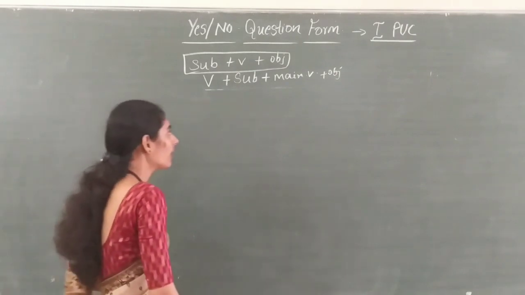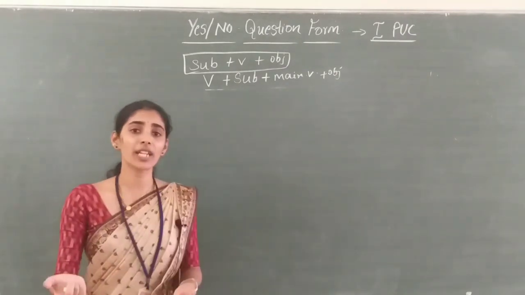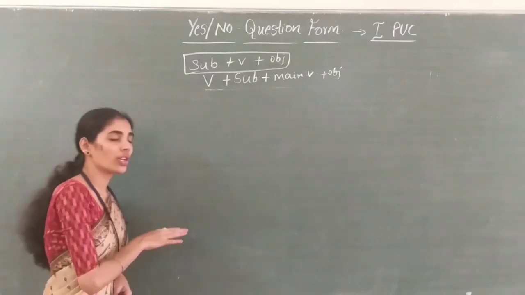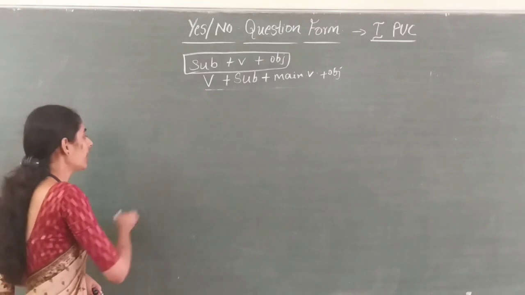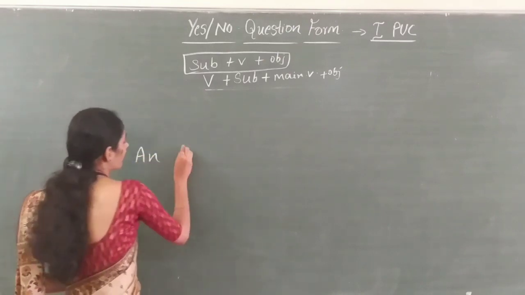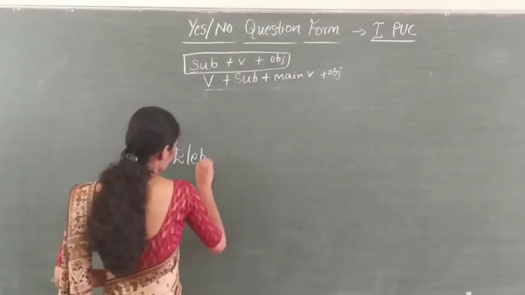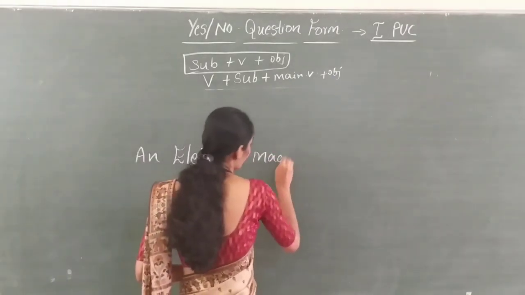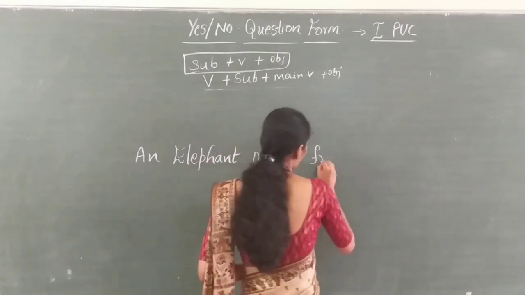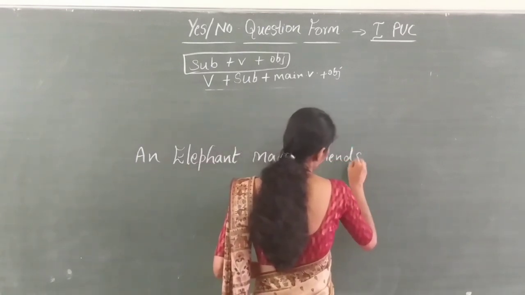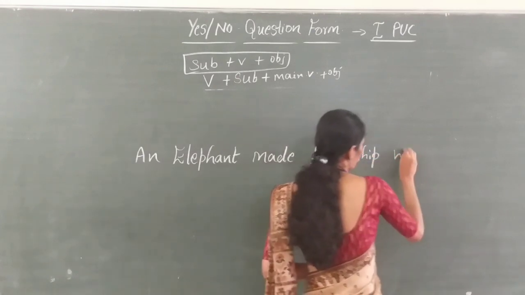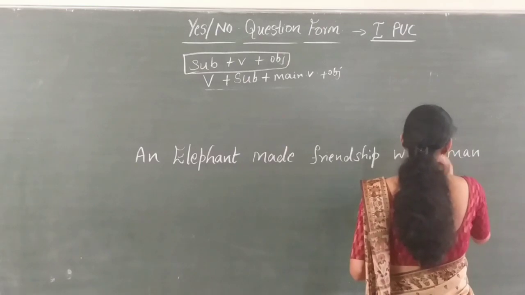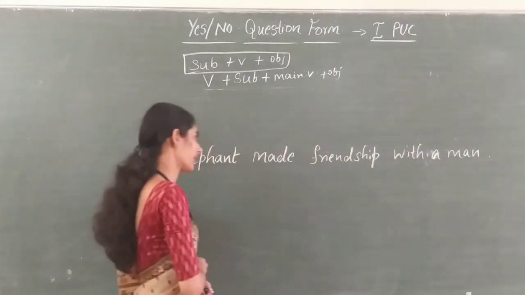And remember, here neither the subject nor the object gets underlined. That is only for WH question. Here no words will be underlined. Okay, for example, look at this sentence here.